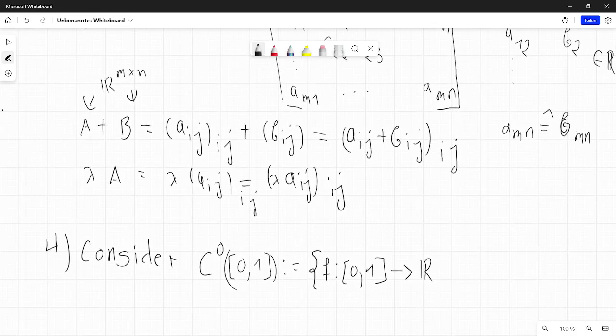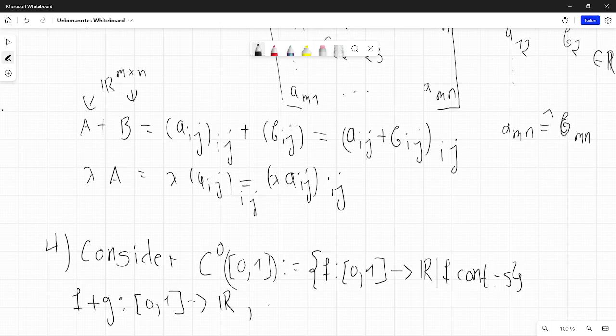So here I write sets like this. Okay, f is a continuous function, right? Then of course you can guess what f plus g is. F plus g is of course a function that again goes from 0, 1 to R, and f plus g at a number x in this interval is simply defined as, by this I mean defined, the sum of f at x and g at x.